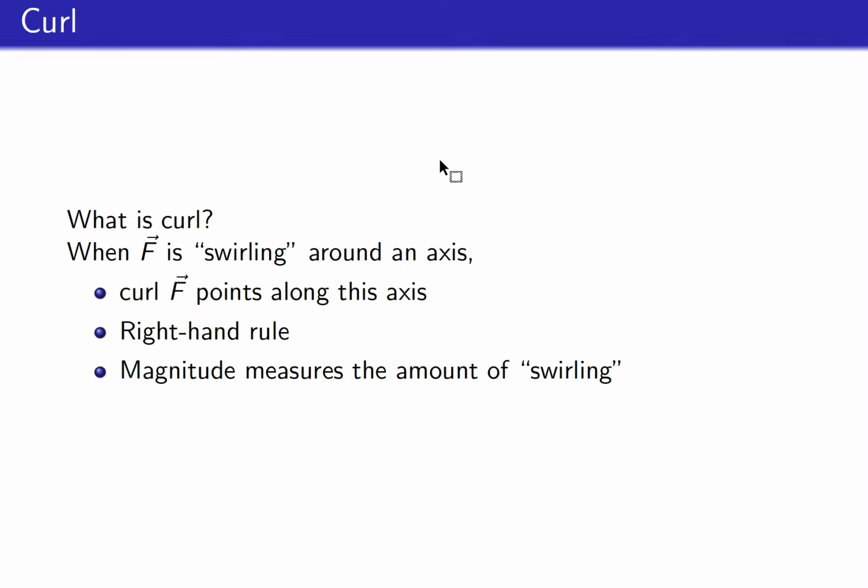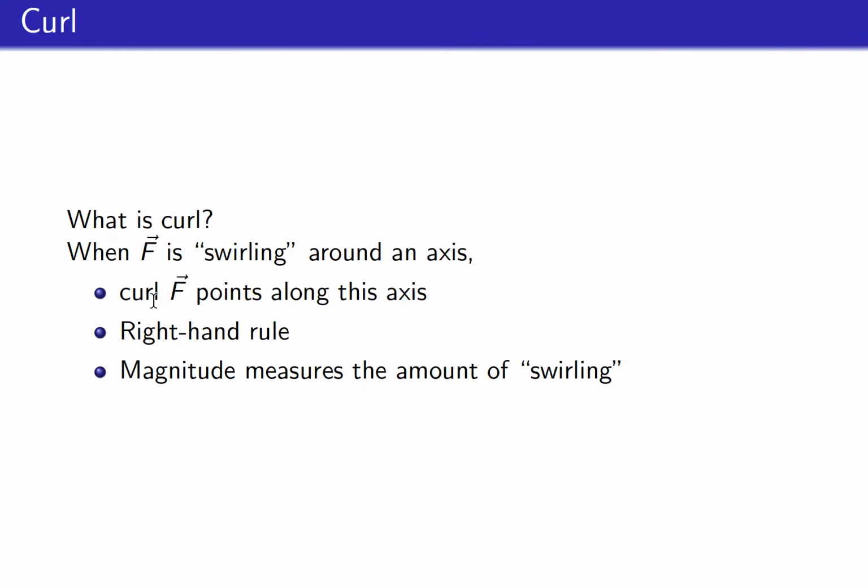What is curl? So basically, the idea is when f is seen as kind of swirling around an axis, it's not exactly that, any more than divergence is things moving away from a point. It's kind of this overall sense of swirling. So here's what I do. I imagine a windmill, and I ask myself, would the windmill spin in this thing?